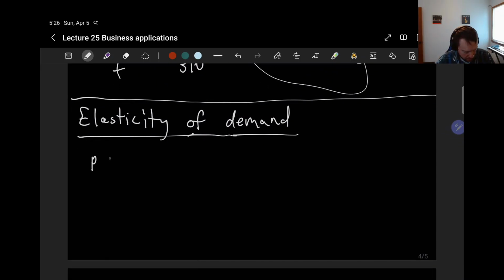Let's say P is price. And this could be a little confusing, but I'm going to stick with how the book does it in Pearson. We have a Q. This is not the same thing as the Q we just talked about. Totally different. Here Q is demand.